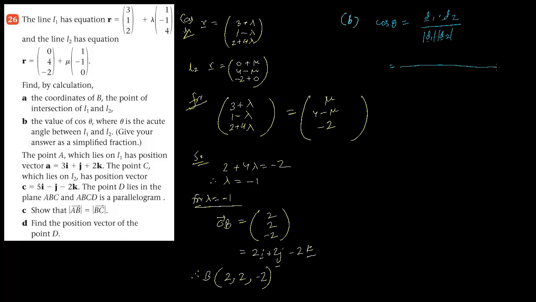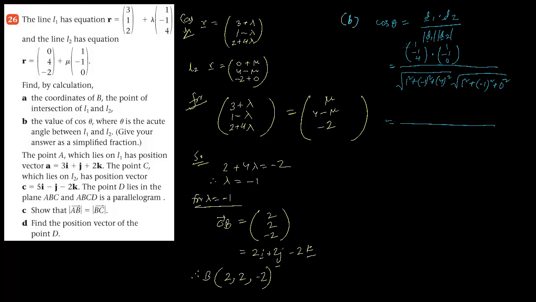So that turns out to be 1, minus 1, 4, that is the direction vector of L1, dot, I'm writing this in column vector format, the direction vector with mu, 1, minus 1, 0. The modulus of this is square root of 1 squared plus minus 1 squared plus 4 squared. Then the second direction vector modulus is going to be square root of 1 squared plus minus 1 squared plus 0 squared.